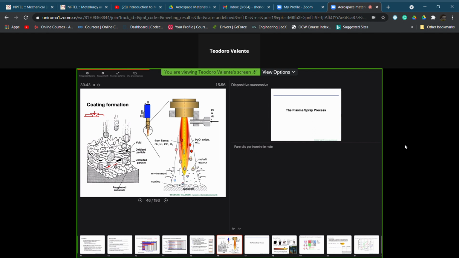Then what can also happen? Well, that depends on the processing parameters, but also on the materials.